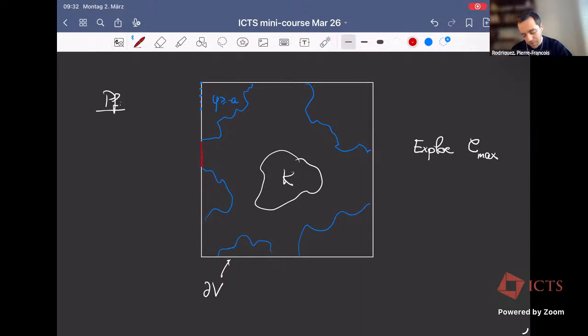Maybe all these vertices are red, sorry, this is my color code, which is why I'm using red. At some point you will reach the boundary of your clusters, and everything you will find will be red.